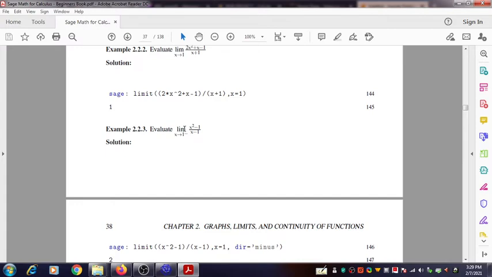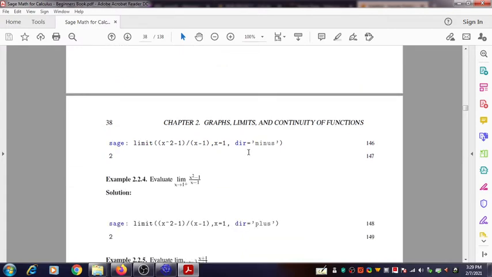For that, after completing the main statement and specifying the point at which we require the limit, you have to put one more comma.